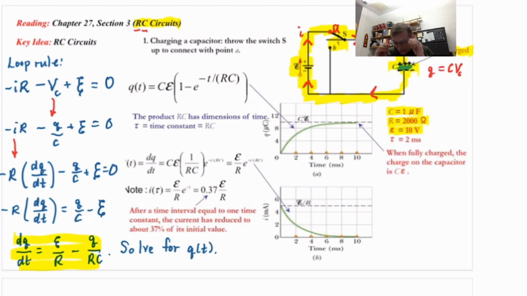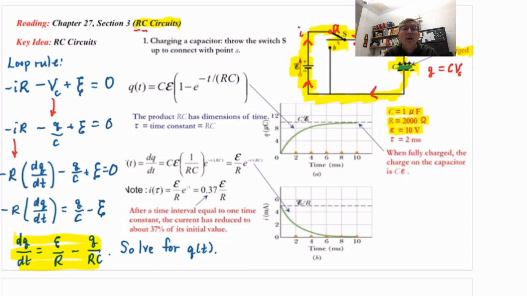Okay, so now that I'm at this point, this is what the loop rule has obtained for me, this differential equation. I need to solve it. I will tell you that the next bit I'm about to do is not something that you would be asked to do on a homework or a quiz or an exam.